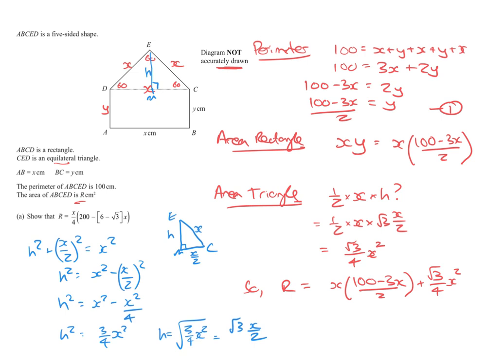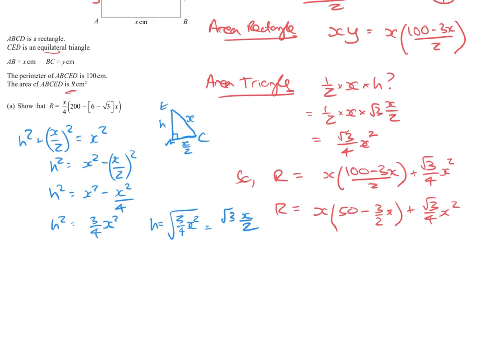Now let's try and tidy this up a little bit. I've got R equals x multiplied by, I'm going to do 100 over 2, which is 50, minus 3 over 2 x, plus the root 3 over 4 x squared.